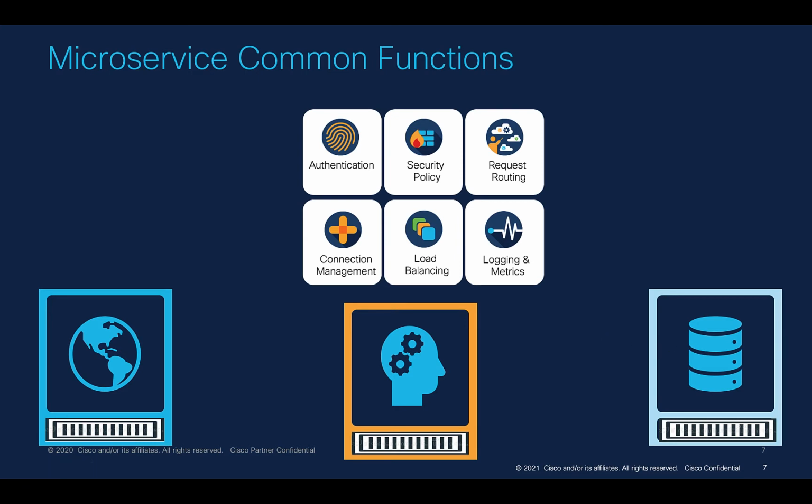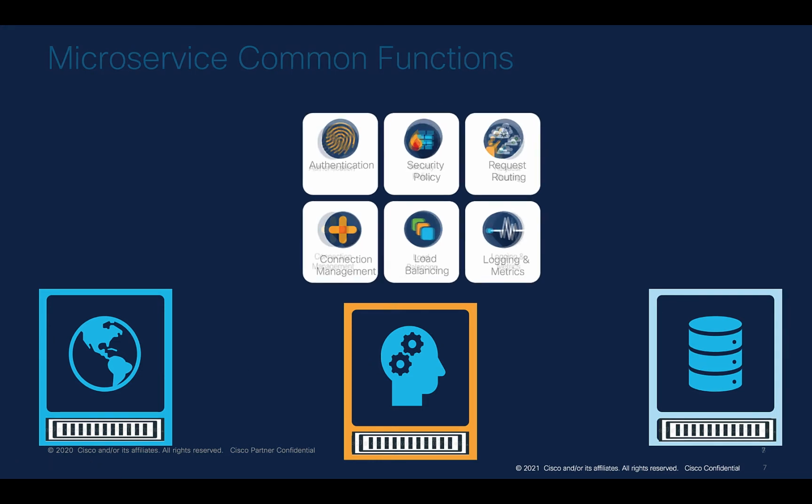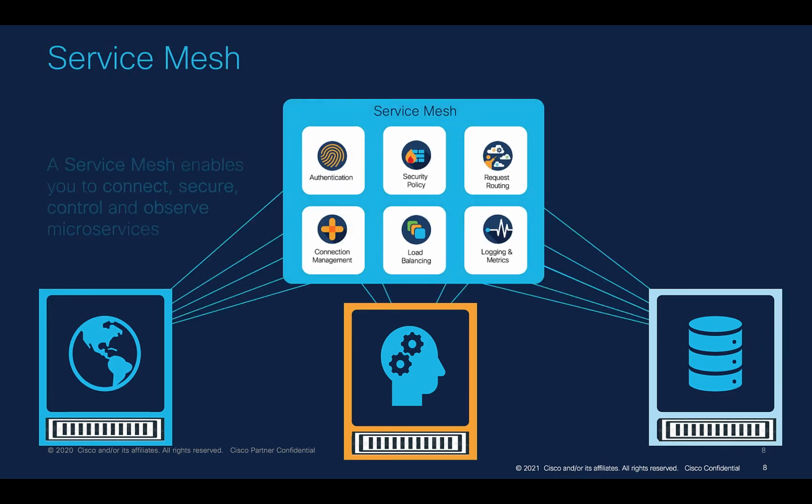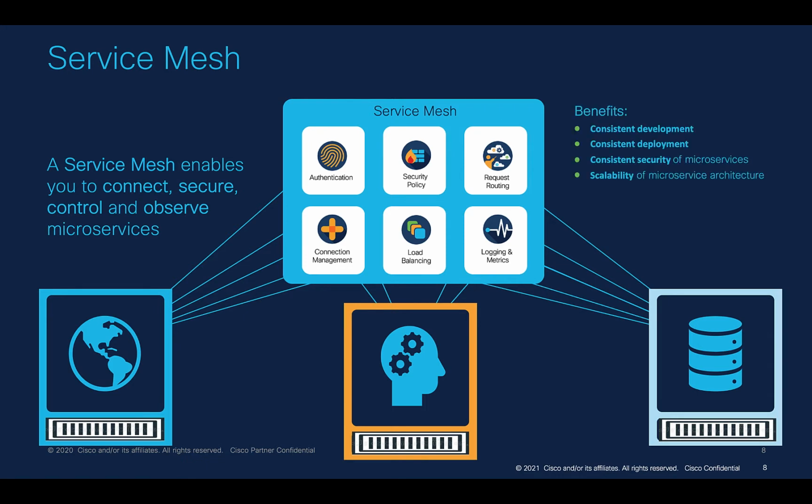Instead of each individual team developing the snowflake functionality, what a service mesh offers is an ability to add, especially in case of Istio, a sidecar container, an Envoy sidecar container that consists of this functionality, so that you have a consistent and conformant observability and security tooling which is deployed into each of your microservices.